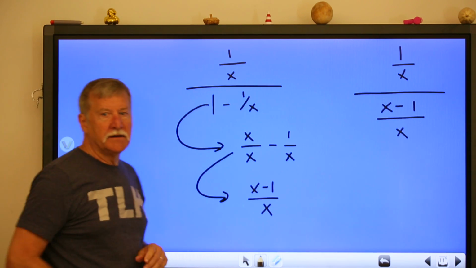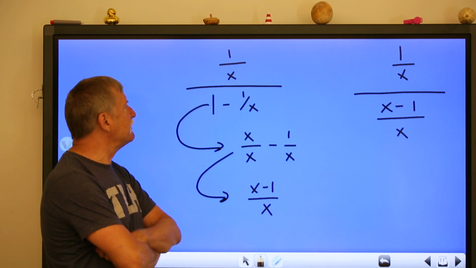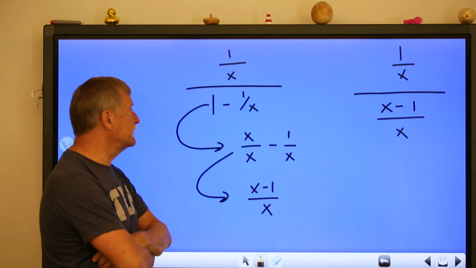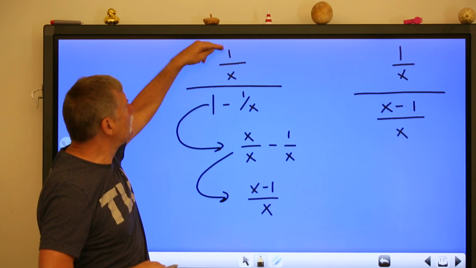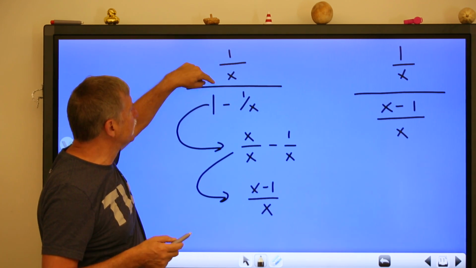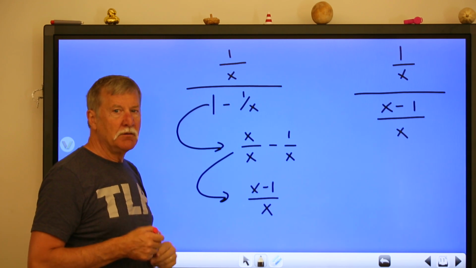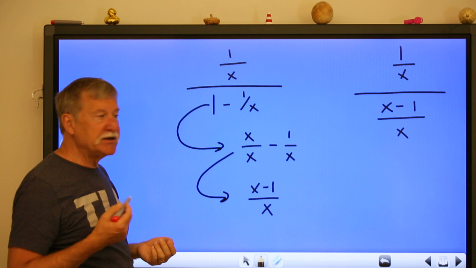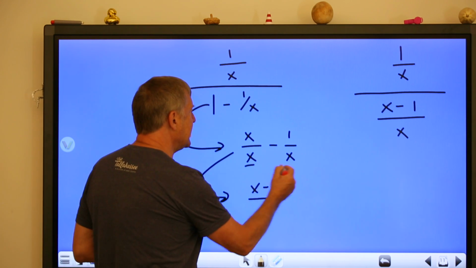One little wrinkle on this, all right, is when you've got a subtraction problem of a rational expression in either the numerator or the denominator, all right? Here I got 1 over x, no problem, over, and now I got 1 minus 1 over x. Well, here we have to use our old friend, the common denominator, and we see that the common denominator here is x.